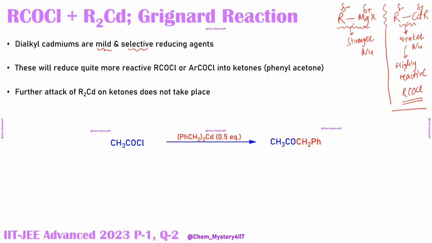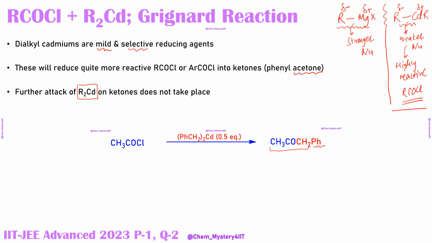This ketone being generated, we call phenyl acetone, because it would have been acetone with one phenyl group present. In this phenyl acetone, further attack of dialkyl cadmium is not going to happen because it is not that reactive. Dialkyl cadmium is a relatively much weaker nucleophile.